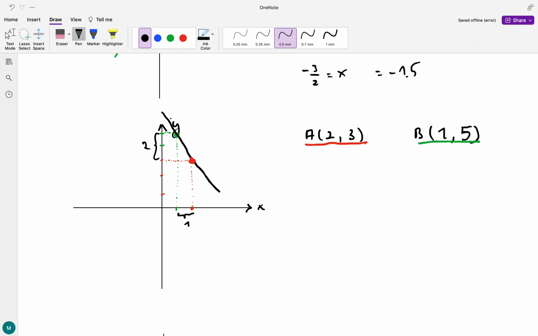And since it's decreasing with a 2/1 ratio, we can conclude that the slope is equal to -2/1, which is just -2. That's a clever way of finding the slope graphically without doing any calculations if you're given 2 points.